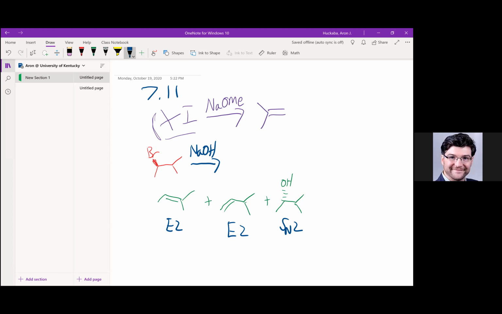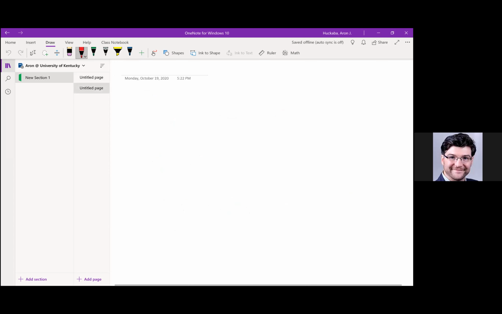So again, how do we know? I'm going to present a few easy steps to hopefully help you figure out the mechanism of a certain reaction. First, determine the reagent function.